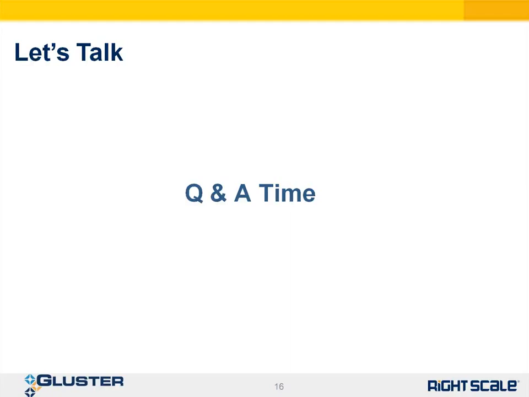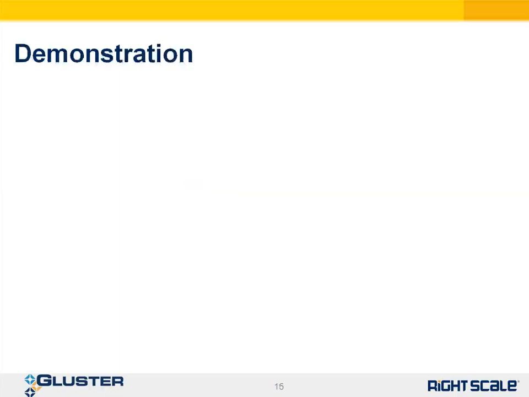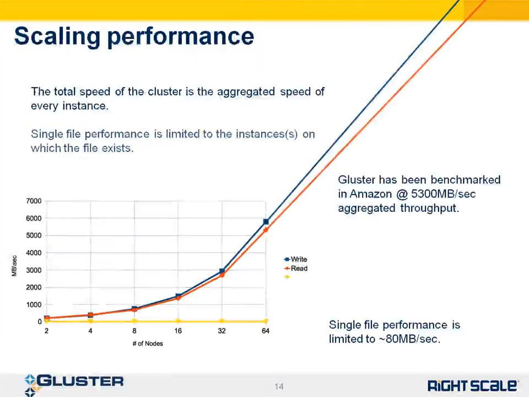Okay, good question here. How are you able to get 5,300 megabytes per second of throughput over an infrastructure that only supports 80 megabytes per second? That is an excellent question, right? And so what we're talking about is our aggregated file system performance.